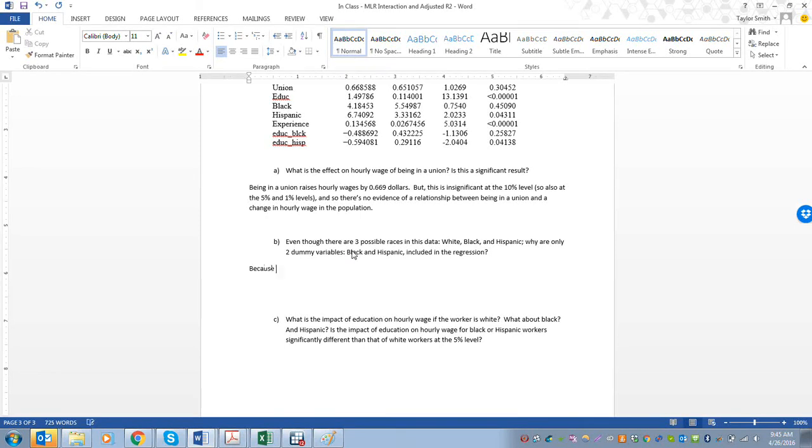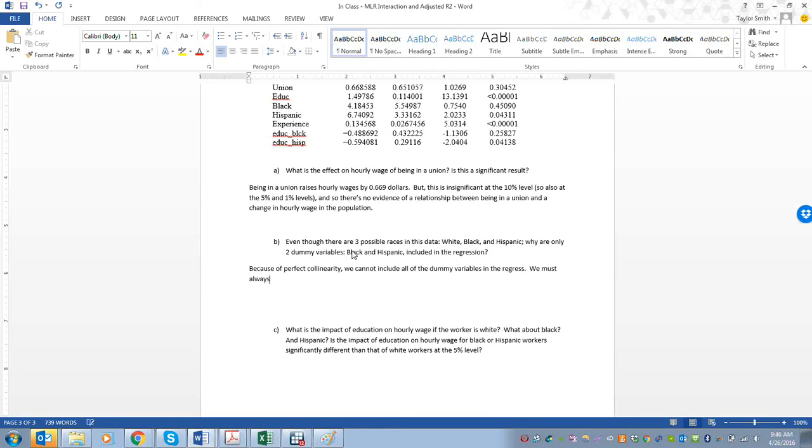Because of perfect collinearity, we cannot include all of the dummy variables in the regression. We must always leave out one of the categories.